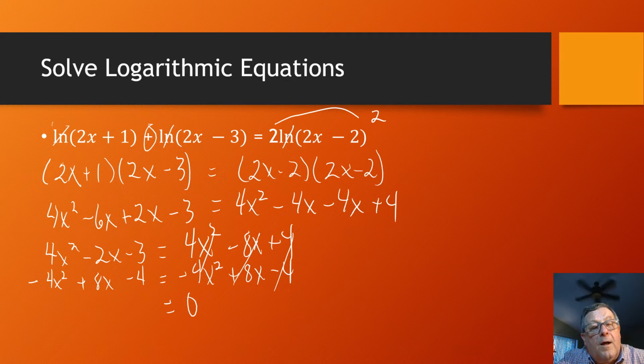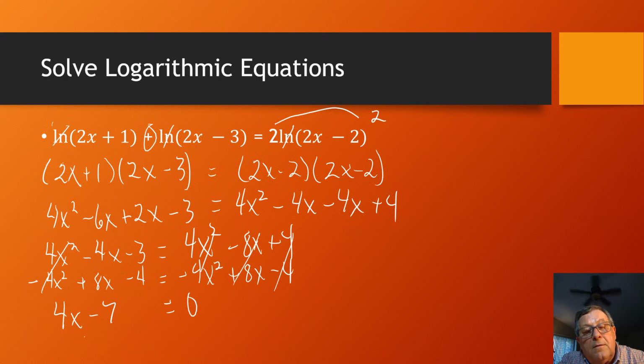And so then we're going to have 0x squared, and the x terms, negative 4x plus 8x, that's 4x right there. About to make a mistake. Then over here I'm going to have 4x minus 7 equals 0.